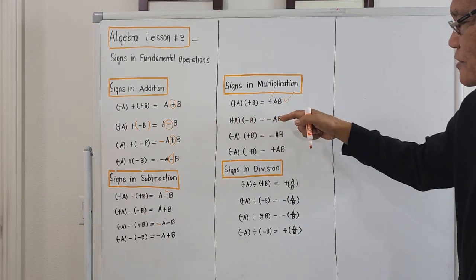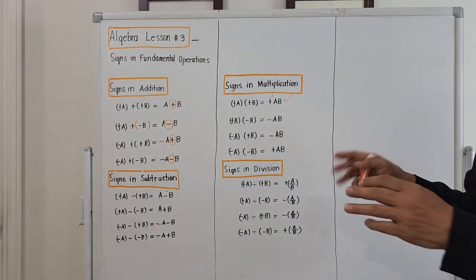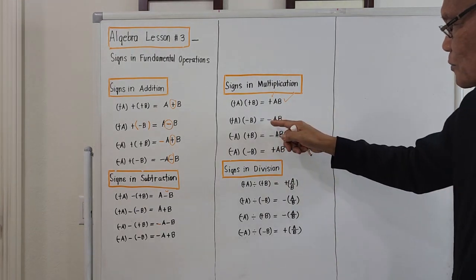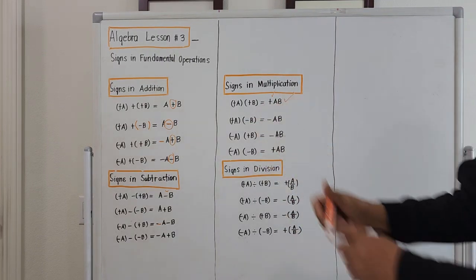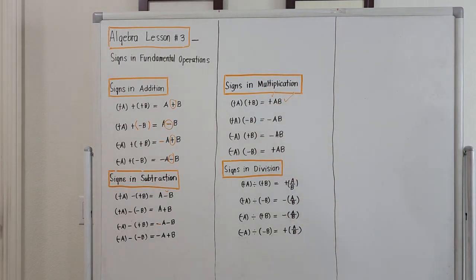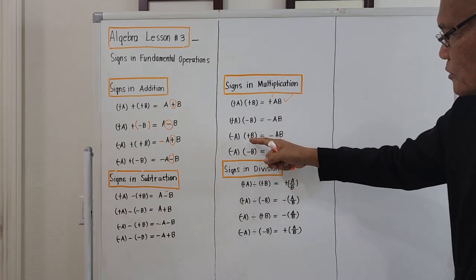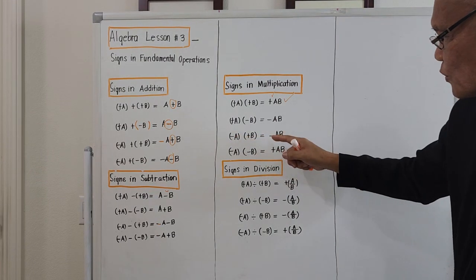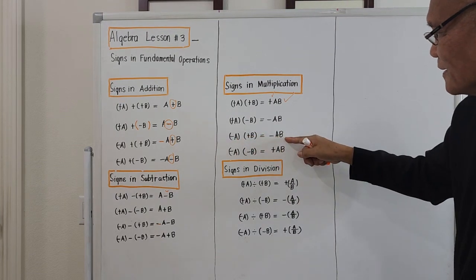If one of them is negative and you are multiplying, the absolute value of the answer will be the product AB, but this must be preceded by a negative sign. Third condition. If the first one is negative and the second one is positive, a minus and a plus will be still a minus times the product AB.